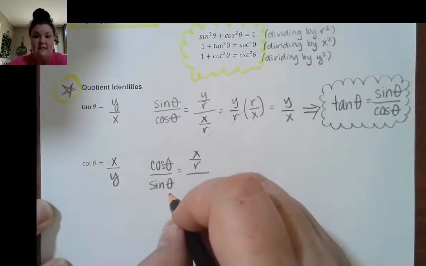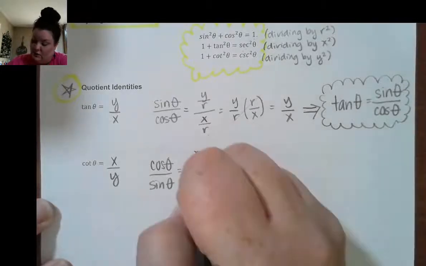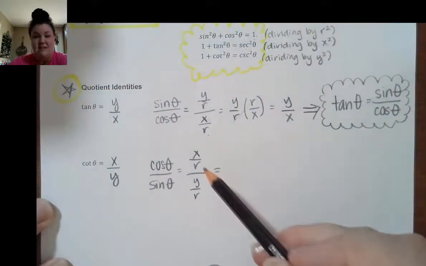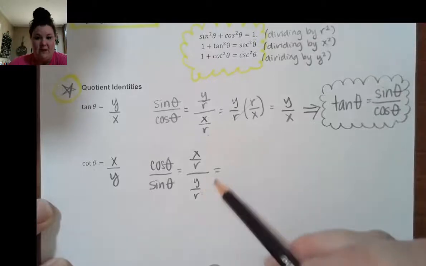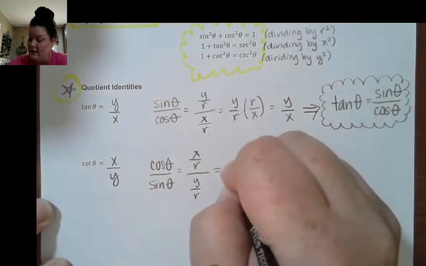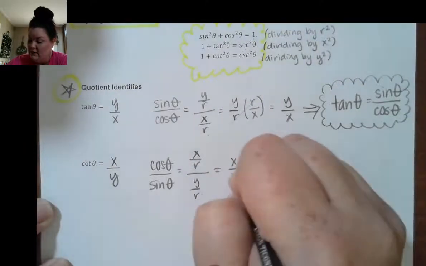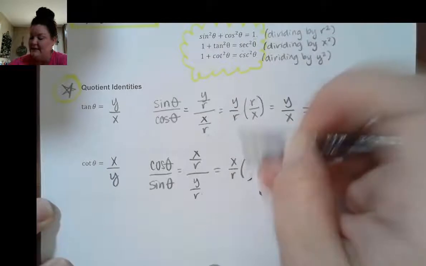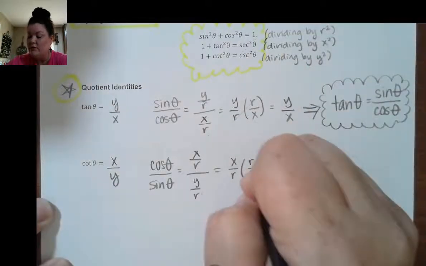And sine theta is equal to y over r. Then again, when we divide fractions, we flip and multiply by the reciprocal of the bottom, right? So x over r times y over, oh, I didn't flip. I said to flip it, and then I did not flip it. R over y, okay?